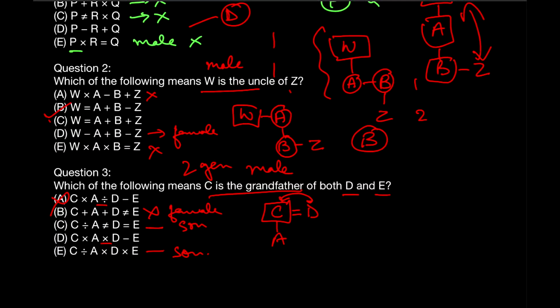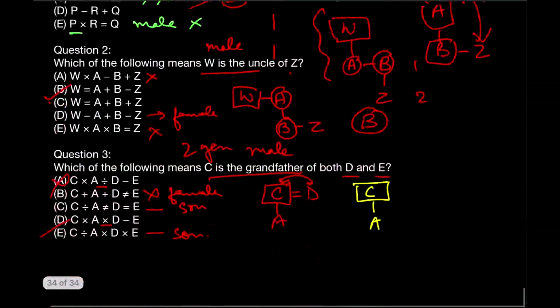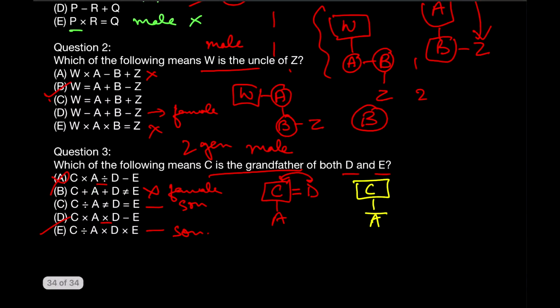Now we are left with one correct answer, but we'll just continue to show what the real process of doing it is. So C is the father of A, done. A into D means A is the father of D. Perfect. Going one generation down. I am on the right path, because C and D are two generations away, and that is exactly what I needed.